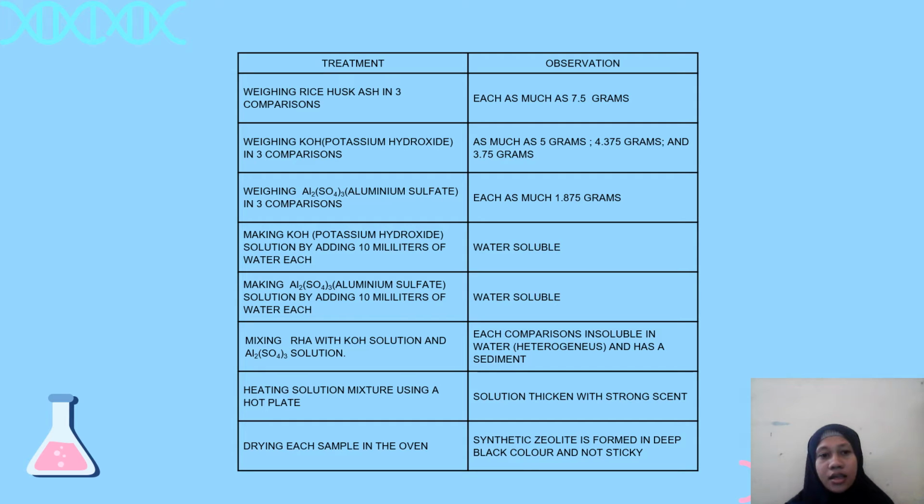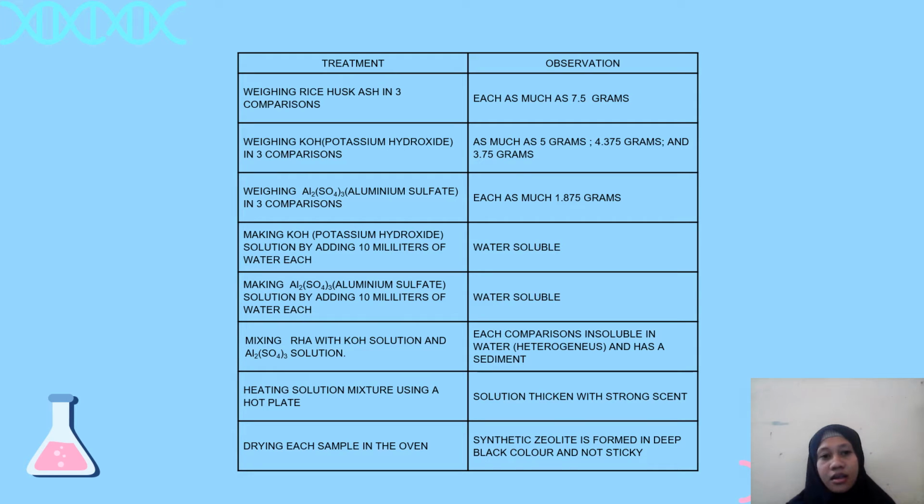Treatment: weigh the rice husk ash in 3 comparisons, the observation is 7.5 grams each. Weigh KOH, or potassium hydroxide, in 3 comparisons, the observation is 5 grams, 4.375 grams, and 3.75 grams.